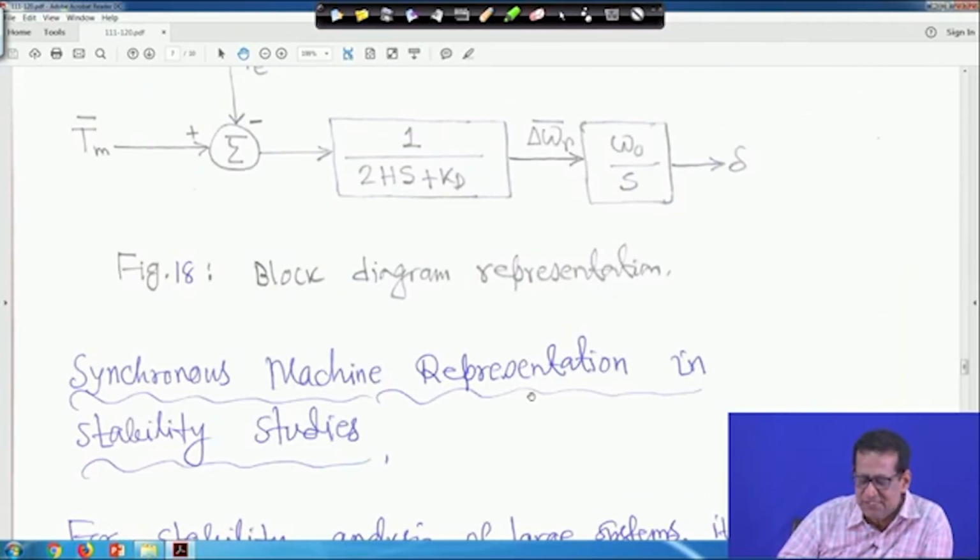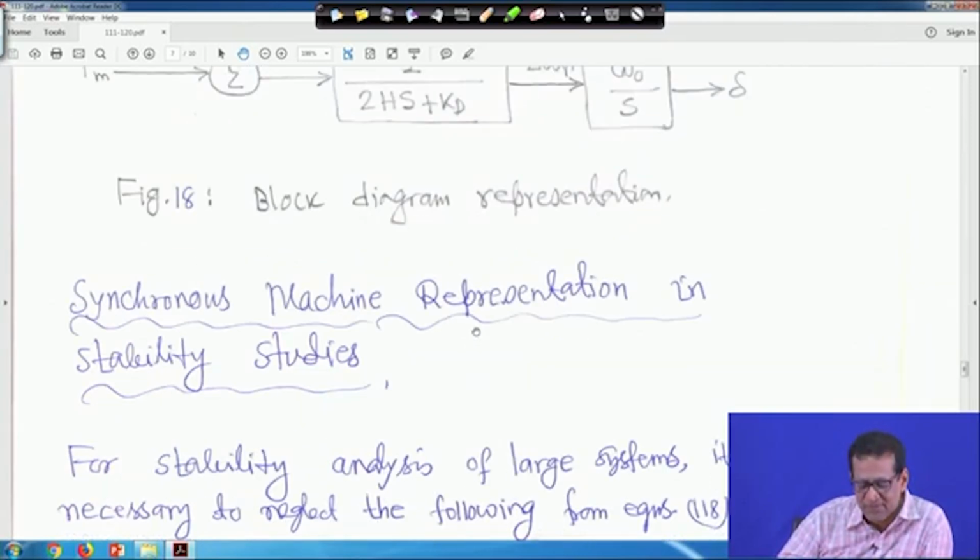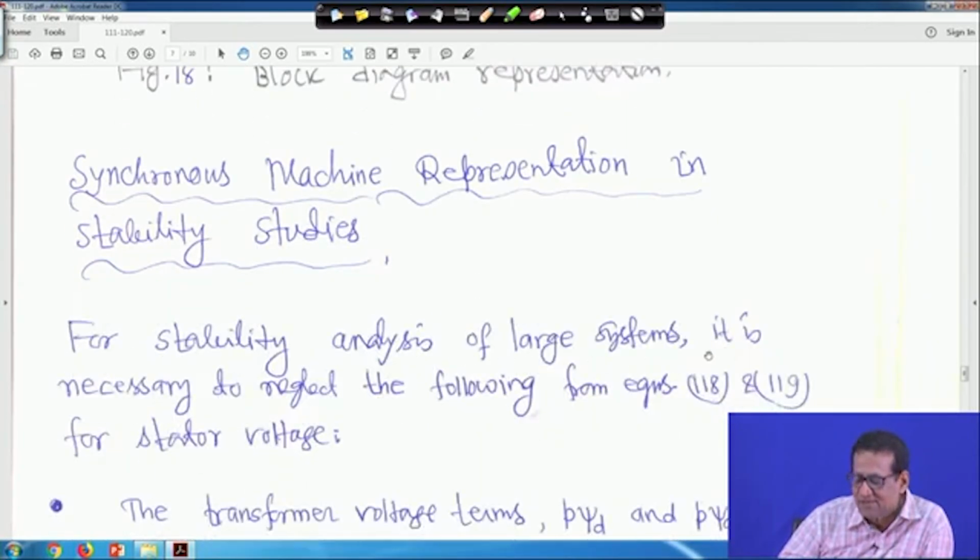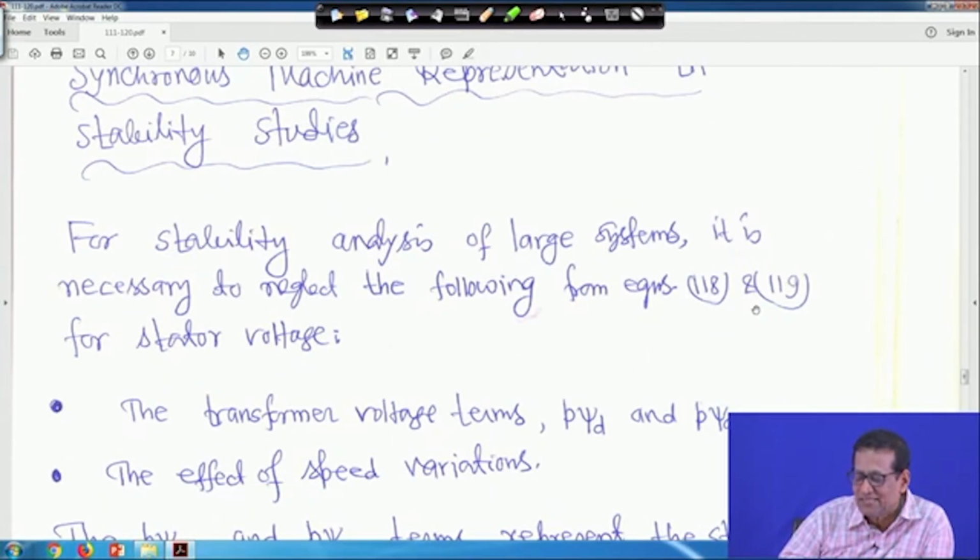Now, synchronous machine representation in stability studies, we have to make a few assumptions. For stability analysis of a large system, it is necessary to neglect the following terms from equations 118 and 119 for stator voltage.